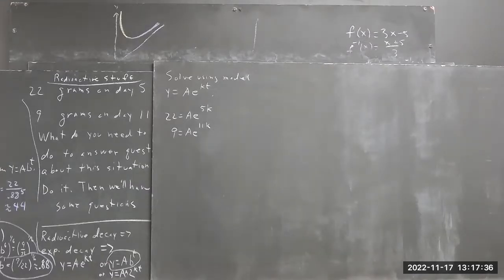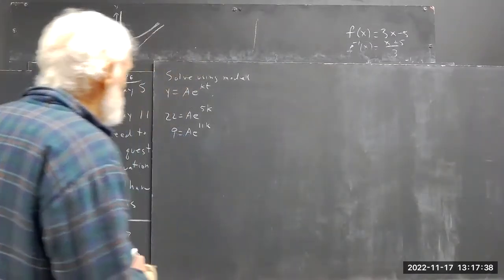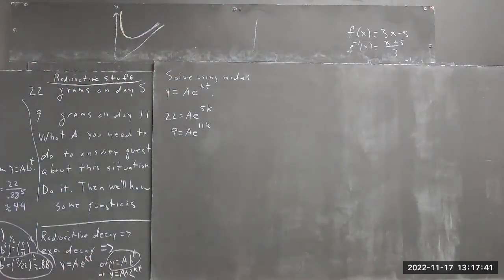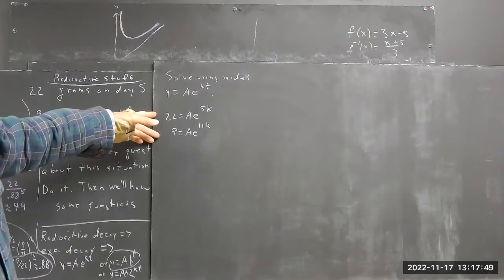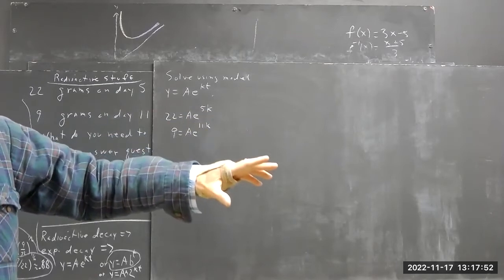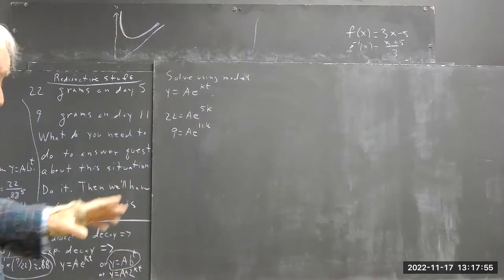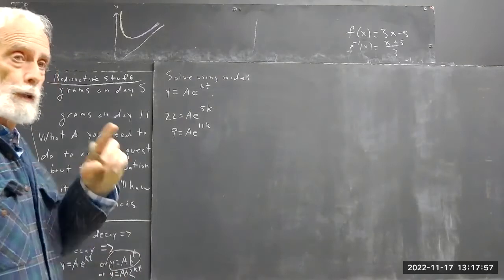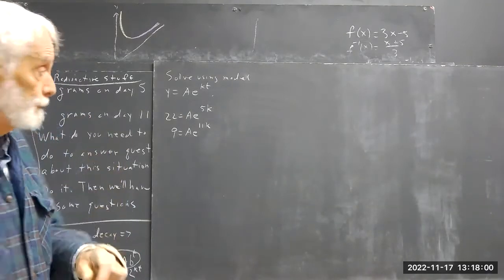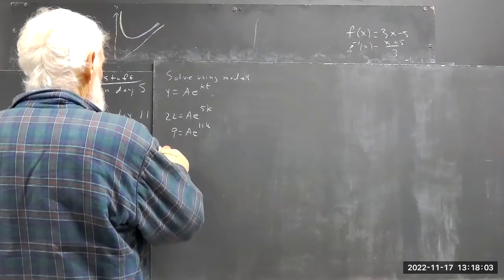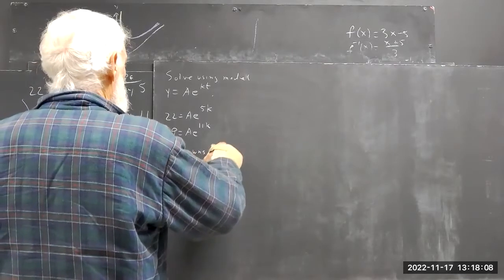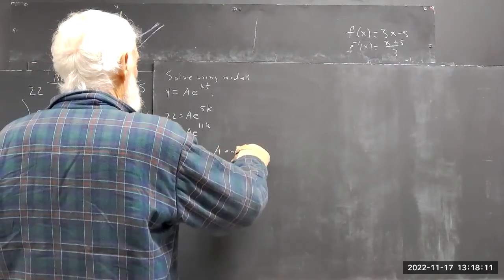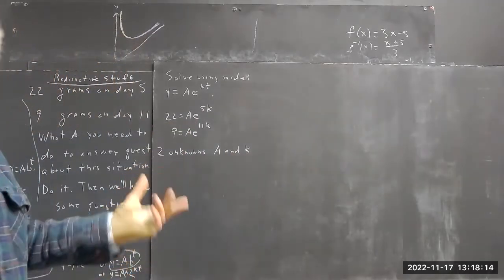Now, you really need to know what to do with this equation, and some of you are having a little trouble with that. So let's make sure we understand we've got two unknowns in this equation. That's a and k. t is not unknown.